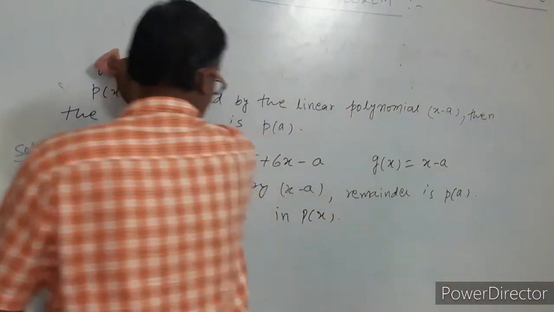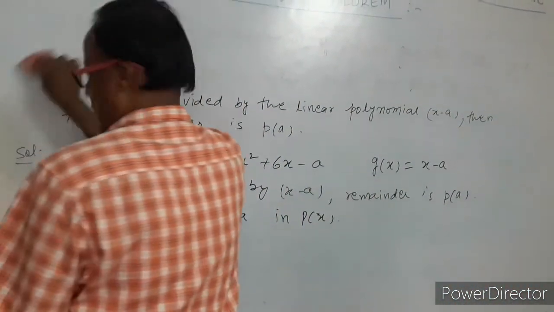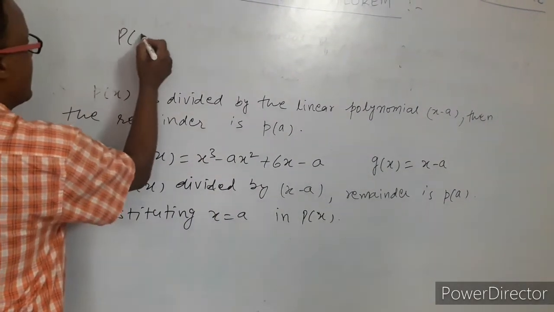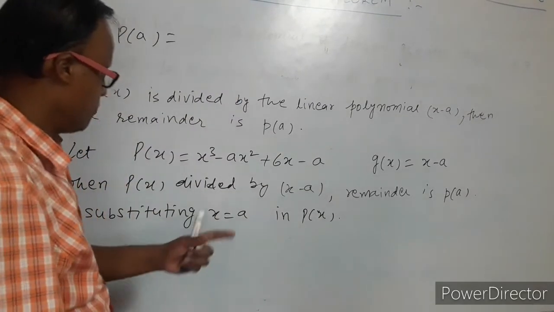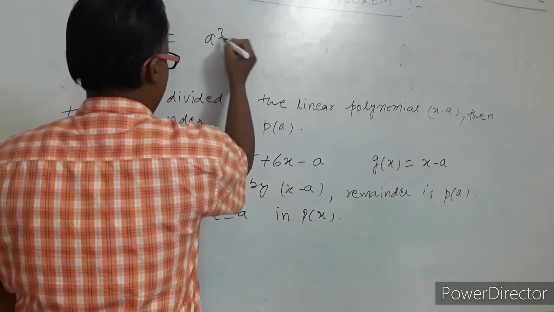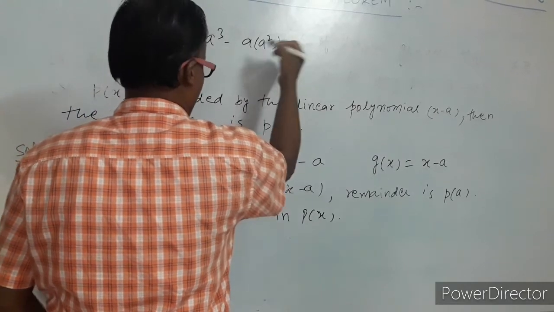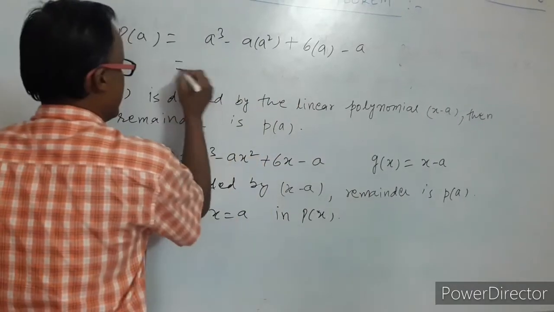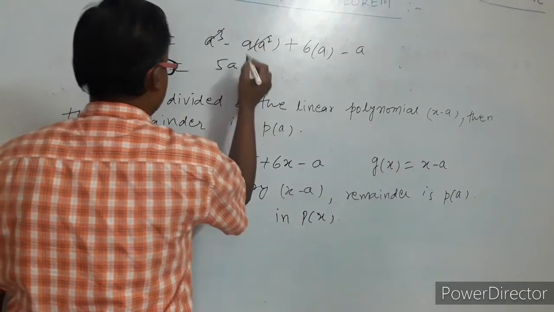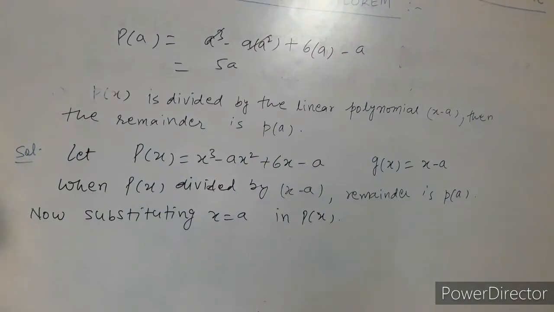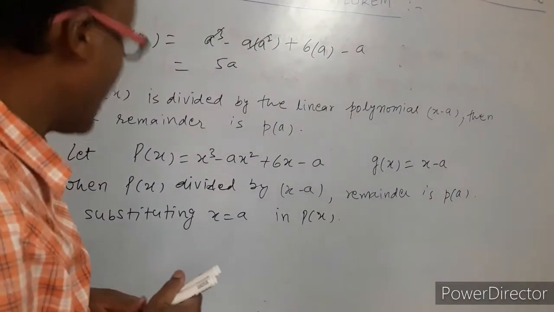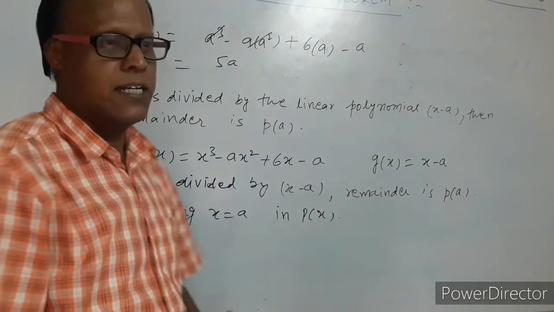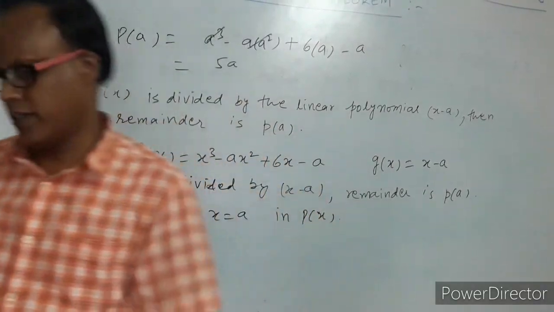Calculate the value of Pa. Pa is equal to a cube minus a into a square plus 6a minus a. So a cube and a cube cancel out, it comes out 5a. So hence the remainder is 5a. Answer: hence remainder is 5a.